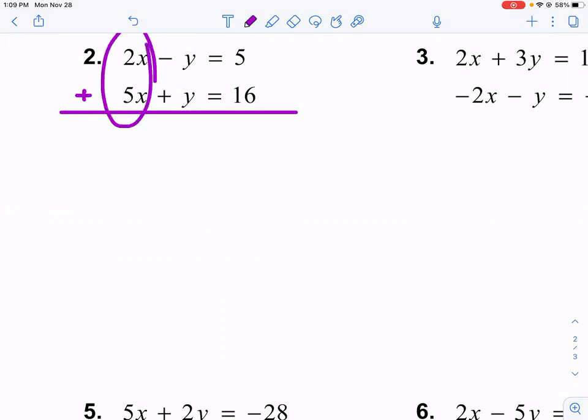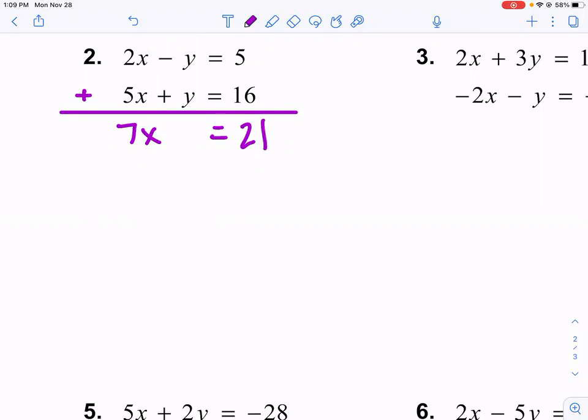How many x's do I have? 7x. When we add our y's together, hey, they cancel out. Not gonna worry about that. Okay, 5 plus 16.